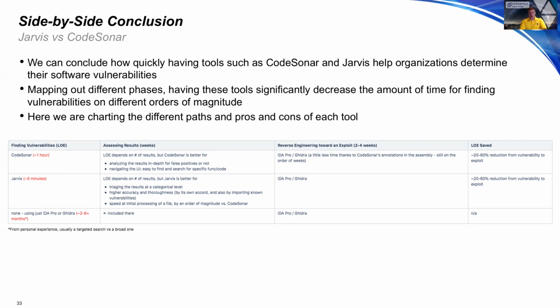Speculation, given that Sonar didn't give you the exact line number and just points you in the general direction where there could be an issue, maybe you could have found it within an hour. If you were in Jarvis, it pointed you directly to the area in the software, and you basically could see within the assembly snippet that Jarvis provided that it was an issue, a backdoor.